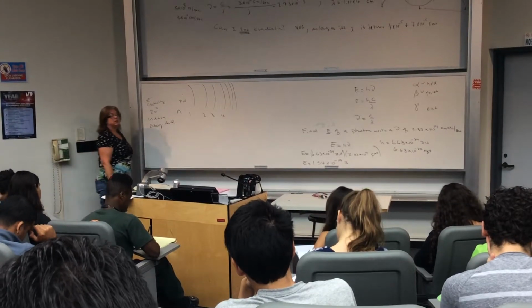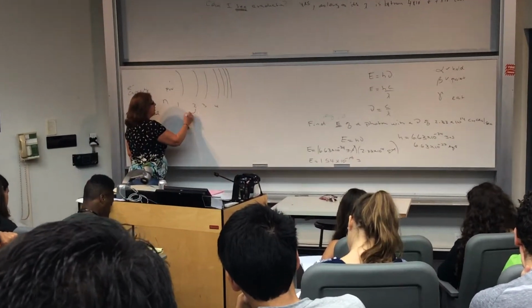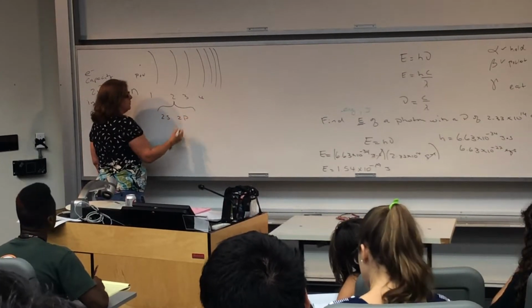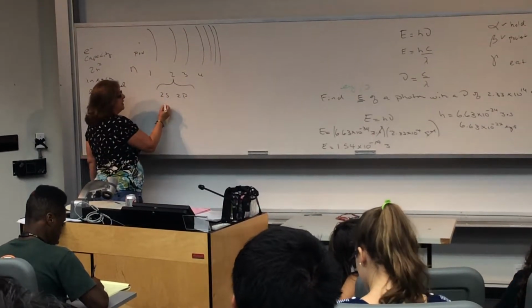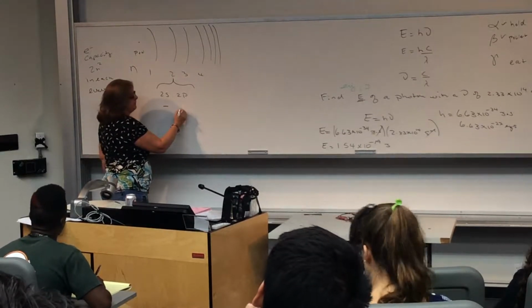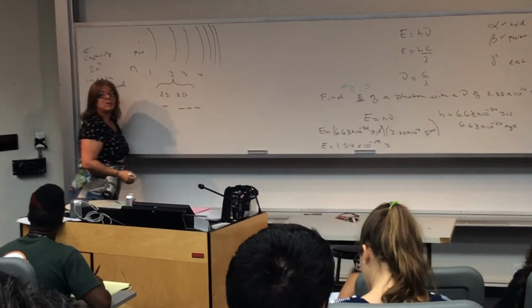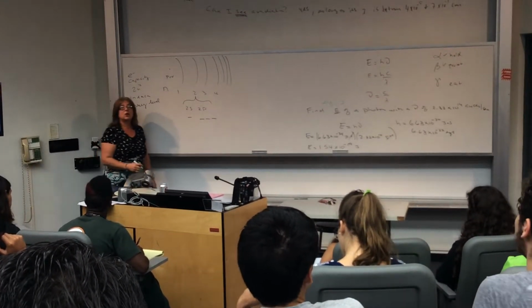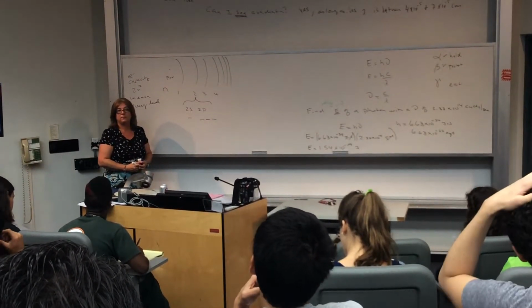Take, for example, level number 2. What are the orbitals found in level 2? 2s and 2p. How many orbitals are in every s? Say 1. How many orbitals are in every p? Say 3. Good. 1, 2, 3. How many electrons fit in each orbital? 2. What's that called? It's got a name, a guy's name.